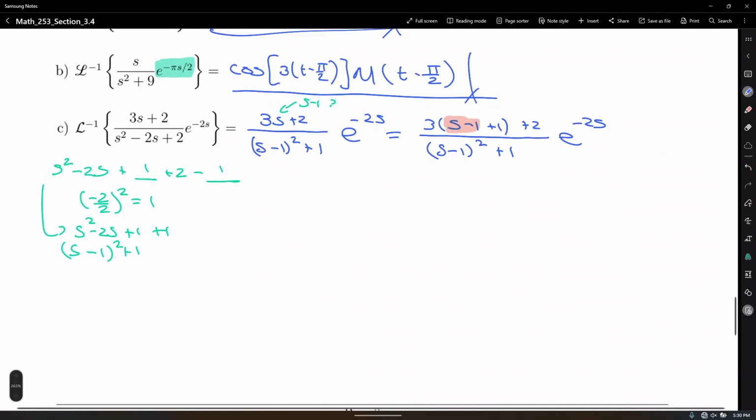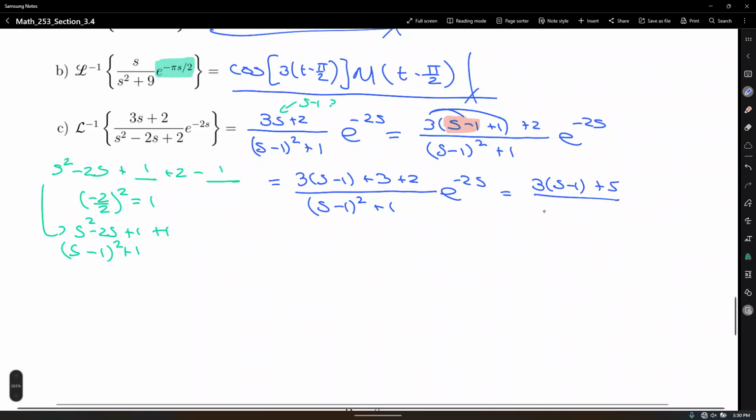So this is equal to, distributing, 3 times s minus 1, 3 times 1 is plus 3, plus 2, divided by s minus 1 squared plus 1, e to the negative 2s. What's next? 3 times s minus 1 plus 5, divided by s minus 1 squared plus 1, e to the negative 2s.